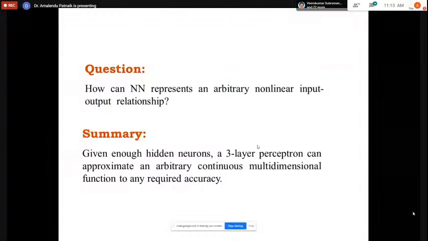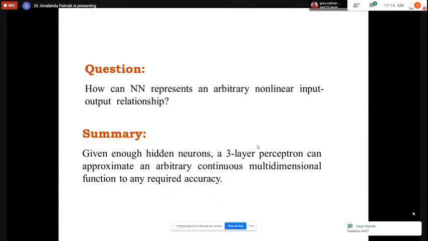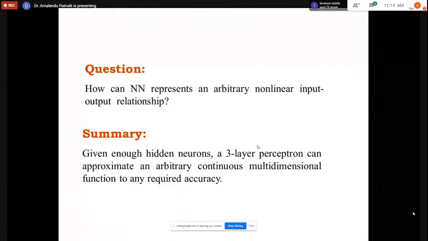Although in the literature you will find neural networks with more than one hidden layer, the neural network literature mentions that if you take a single hidden layer with a sufficient number of neurons, it can approximate any arbitrary continuous multidimensional function.